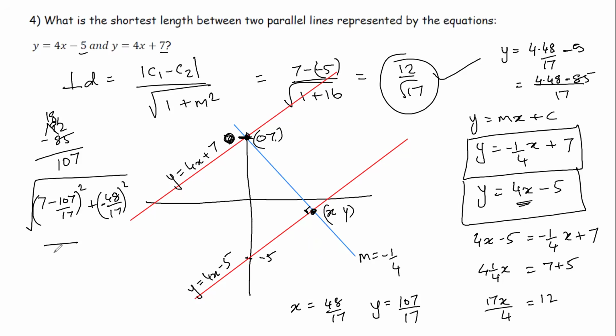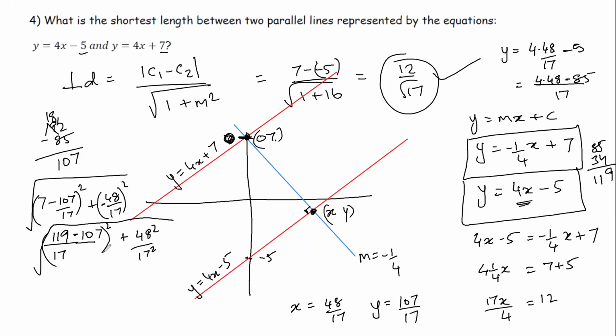So therefore I get 17 sevens are 85 plus 34, that is 119. So 119 minus 107, the whole thing squared. And then I'll just leave it as 48 square upon 17 square for the time being.